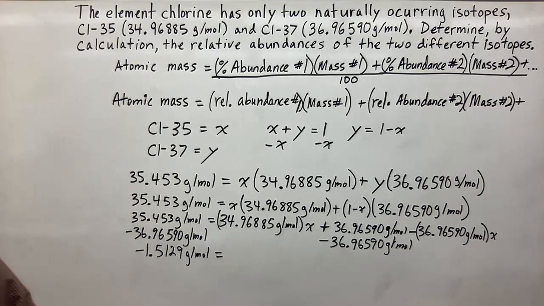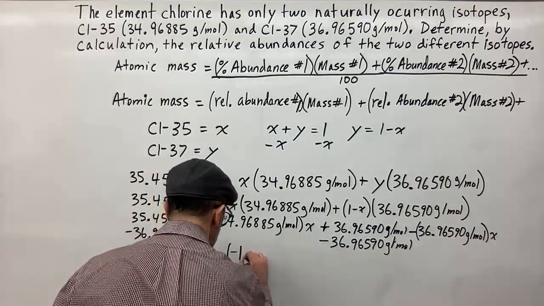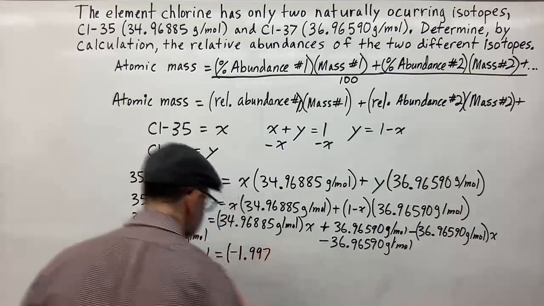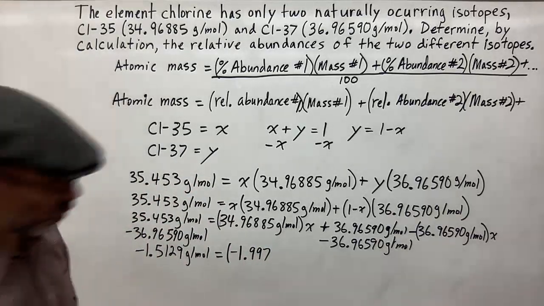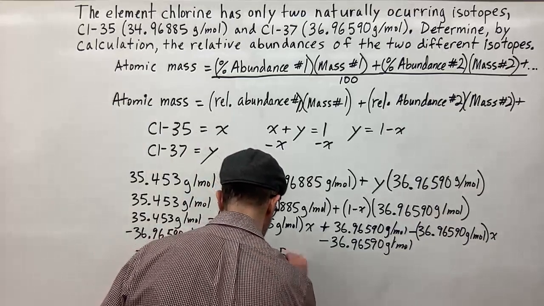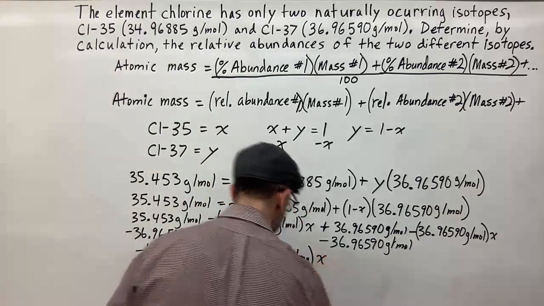Negative 1.997. So we're going to have negative 1.99705 grams per mole times x.